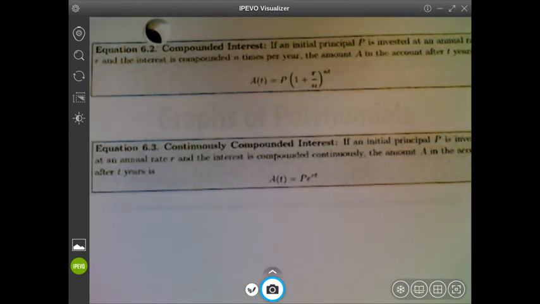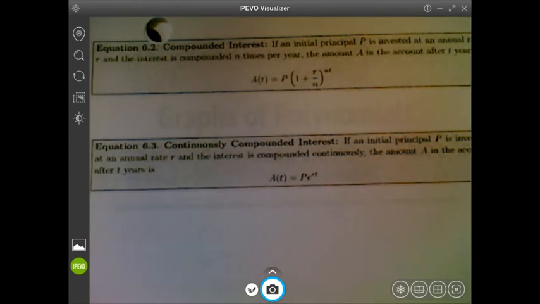What these are is formulas that will tell you, if you invest a certain amount of money in a bank and they give you a rate, a return on your money, and they compound it, what you'd have. Compounding is how many times the bank calculates the interest. They'll compound it a certain number of times, and this formula will tell you the amount that you would have in the bank.